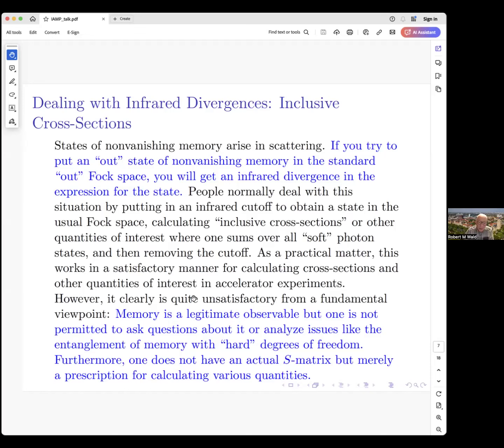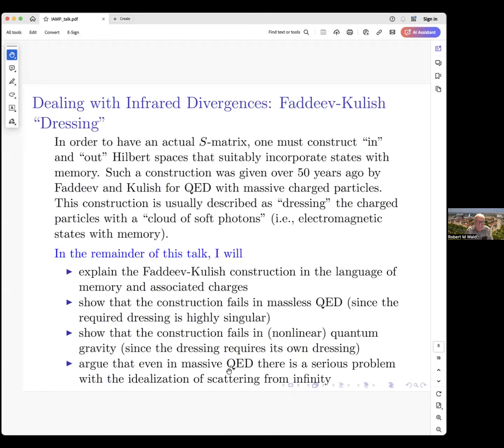And then, of course, if you do this kind of thing, you don't have an actual S matrix, you just have a prescription for calculating various quantities. So there has been on the table for more than 50 years now a procedure for constructing Hilbert spaces of in and out states that actually does give you a true S matrix.